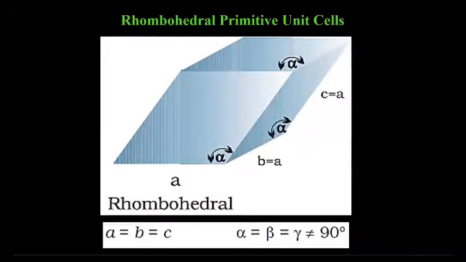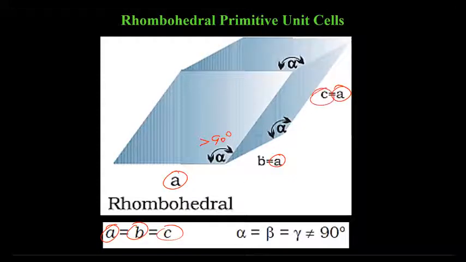Rhombohedral primitive unit cell, as I said, if you have a cube and you push it from one side, it will turn out to be rhombohedral primitive unit cell. Now it is A equals B equals C. So all are equal. You will see that all angles will also be equal. Between A and B, it will be more than 90 degree.